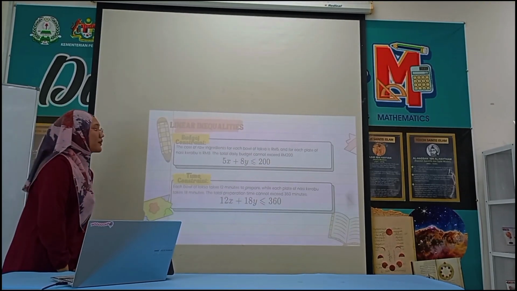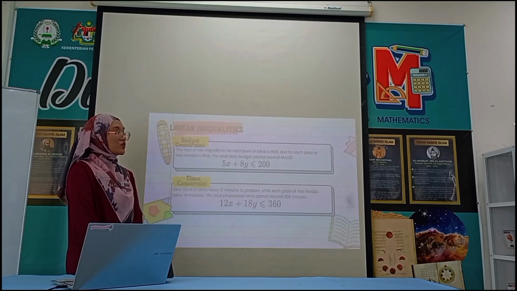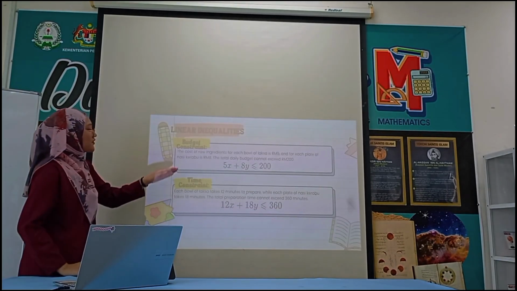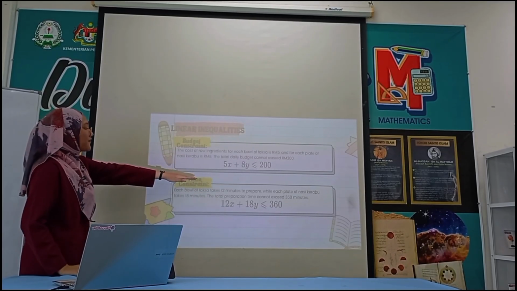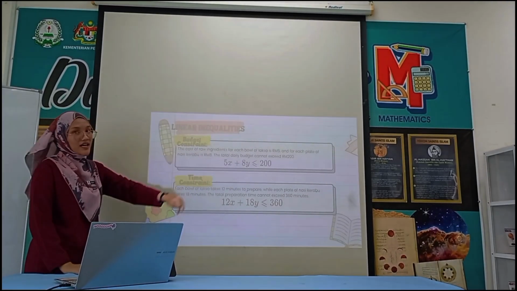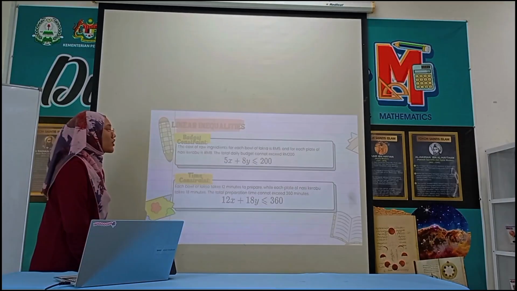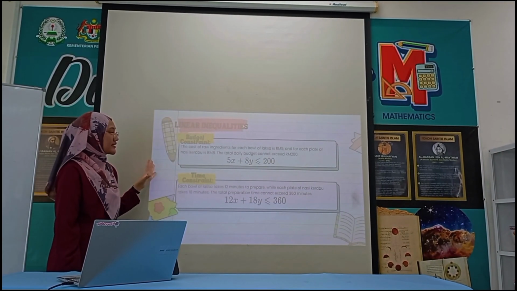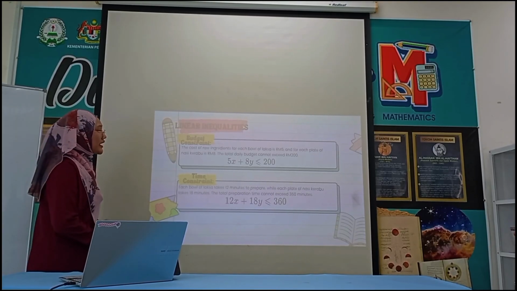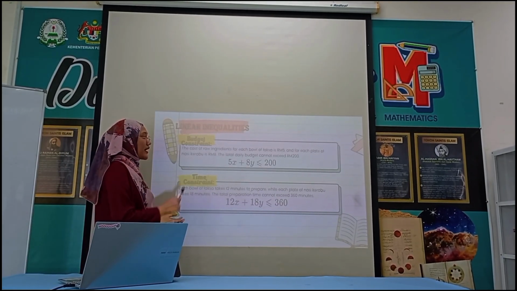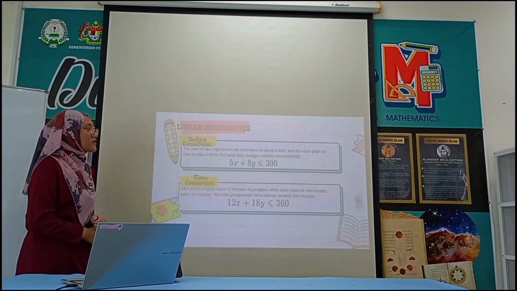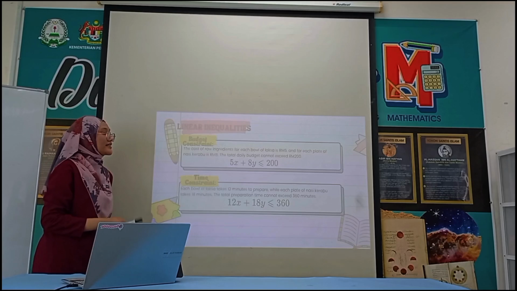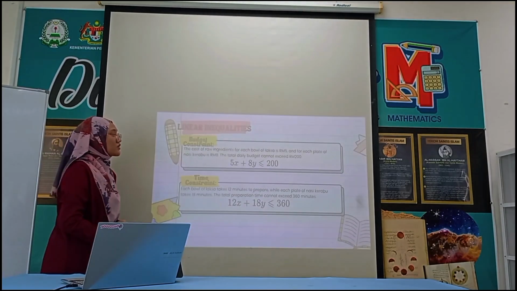The total daily budget cannot exceed 200. So 5 ringgit for laksa is 5x because laksa equals x, and for nasi kerabu it is 8y. Since it cannot exceed, we use the symbol less than or equal to 200.